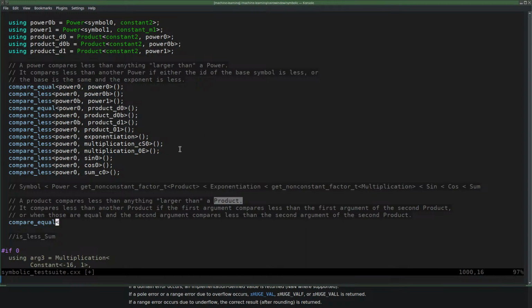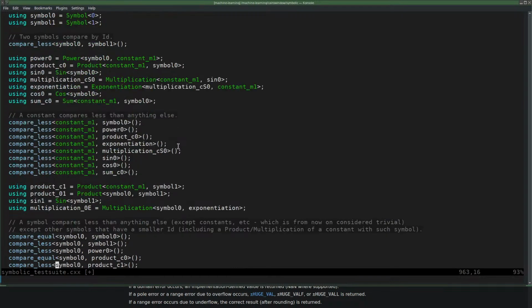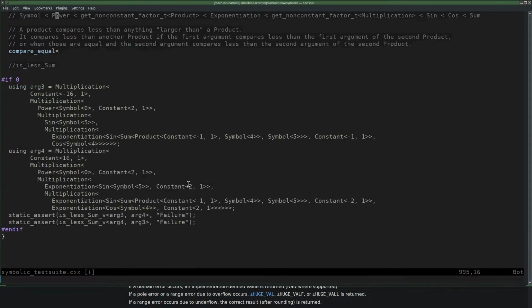What's the simplest product that I have? What's a product with a constant? I want the simplest product that I have without a constant. This one.